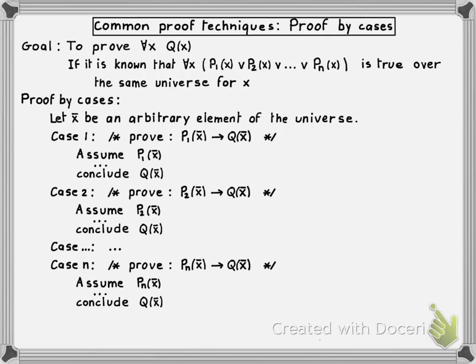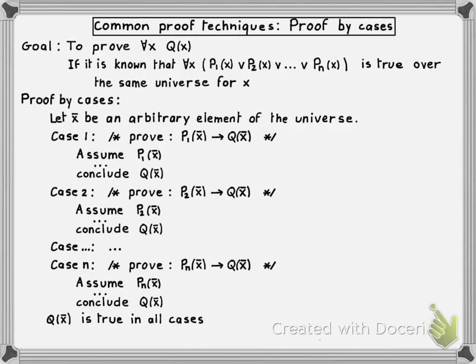Now we're almost done, but not quite. All we've done is that in every possible case, q of x bar holds. So we must make sure to state that as a conclusion, that q of x bar is true in all cases, as we just proved.